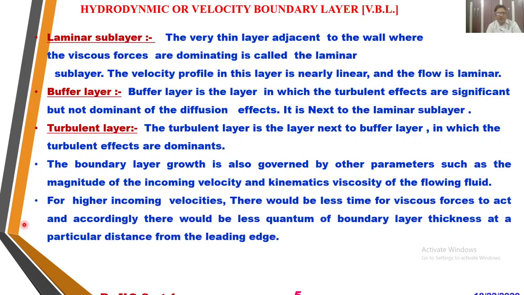If the incoming velocities are very high, there would be less time for viscous forces to act and to affect the flow field, and accordingly there will be less quantum of boundary layer thickness delta at a particular distance from the leading edge. That is why if the fluid velocity is very high, the boundary layer formation phenomena many times does not take place.